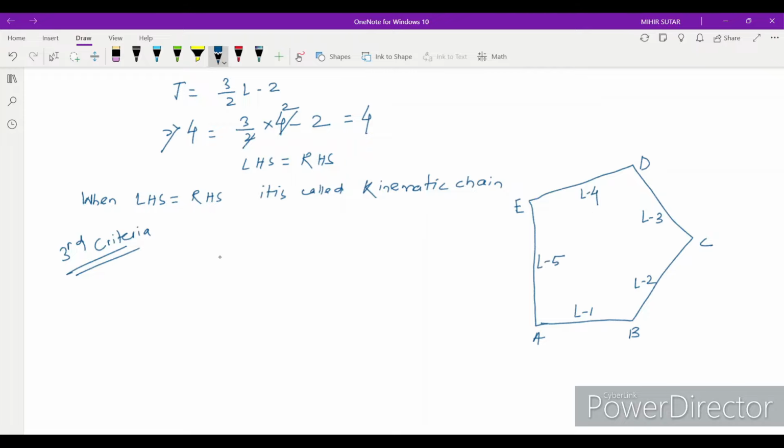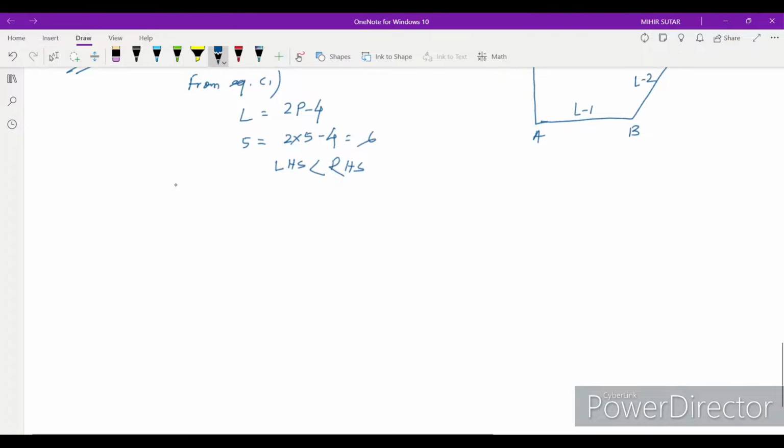So here you can see that the number of links is 5, the number of joints is also 5, and the number of pairs is also 5. Now from equation 1, we have L is equal to 2p minus 4, so 5 is compared with 2 into 5 minus 4, which is equal to 6. So LHS is less than RHS here.